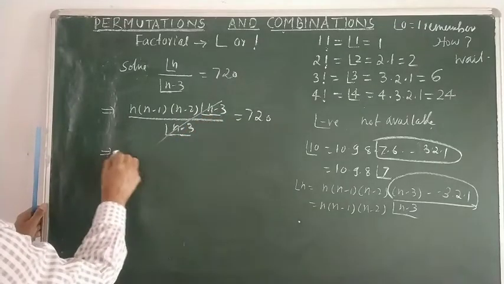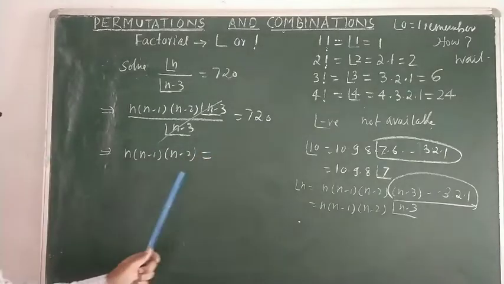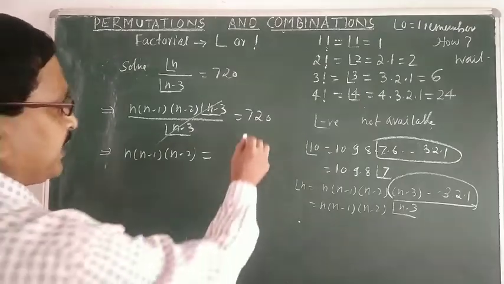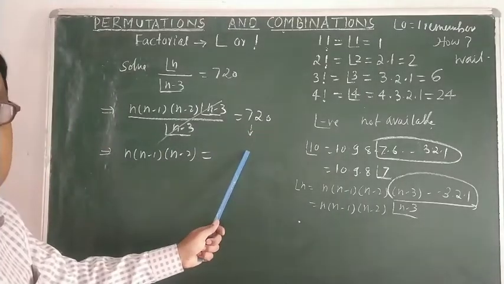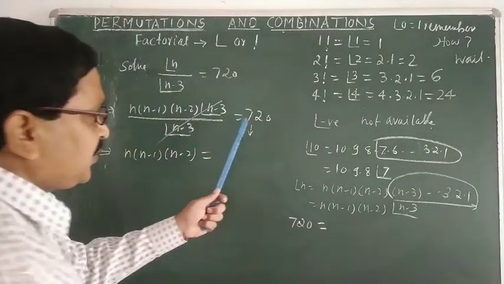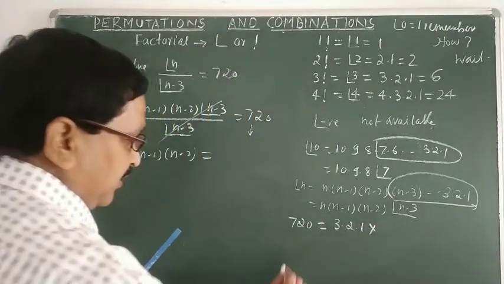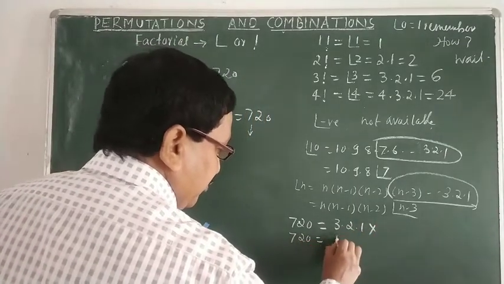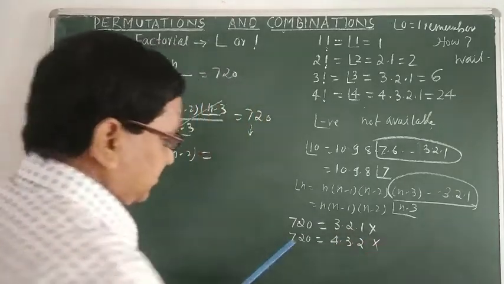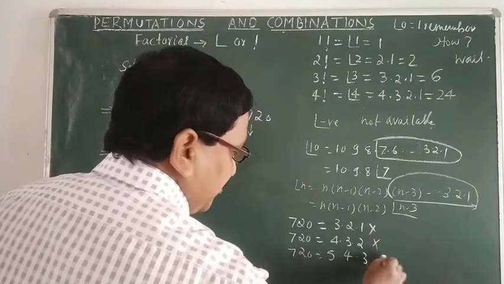After that, we are getting 3 consecutive terms, big, small, smaller. So break 720 into 3 consecutive terms. Now just see how 720 is such. 3, 2, 1 is not possible. 4, 3, 2 is not possible. 5, 4, 3 is not possible.